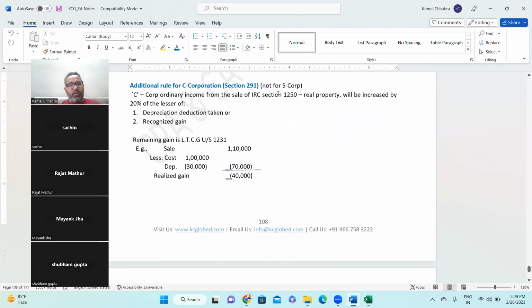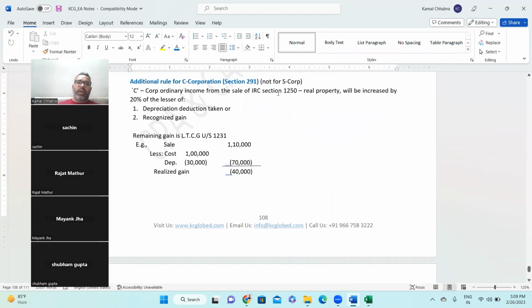Additional rule for the C corporation under section 291. This is not for S corporation, only for C corporation. C corporation ordinary income from sale of a 1250 asset, which is real property, will be increased by 20% of the lesser of depreciation deduction taken or recognized gain, whichever is lesser.